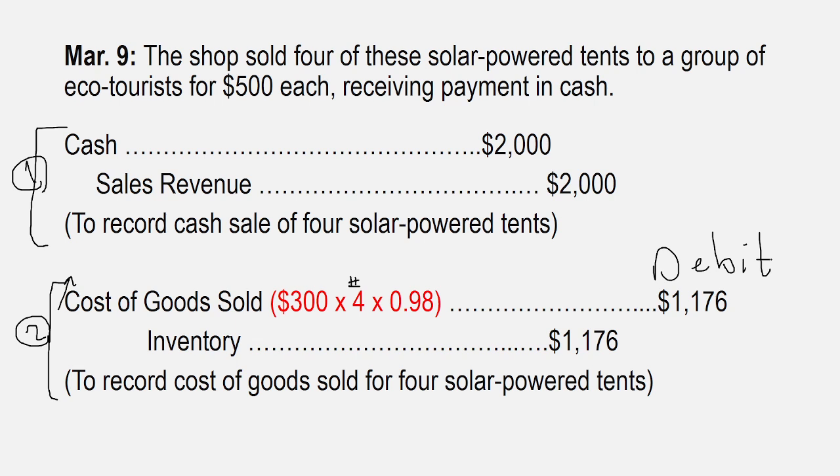Simultaneously, they credit the inventory because we have experienced a decrease in inventory, and we take the goods from the inventory and sell to the final customers. So a decrease in inventory is considered a credit by the same amount, 1,176. These procedures ensure that Adventure Travel Gear accurately reflects the cost of goods sold and maintains accurate inventory records.